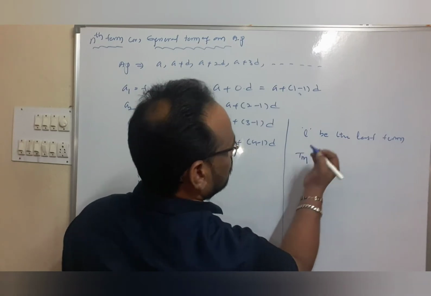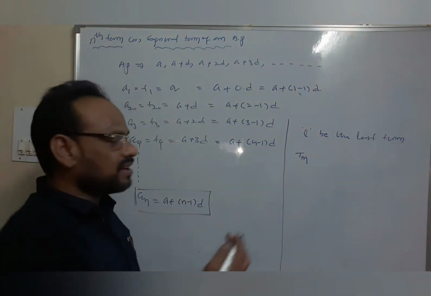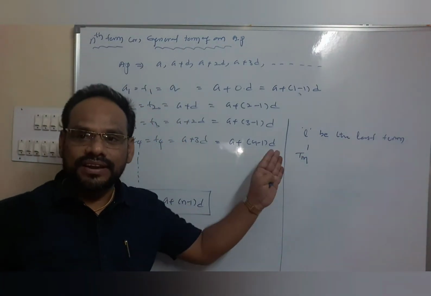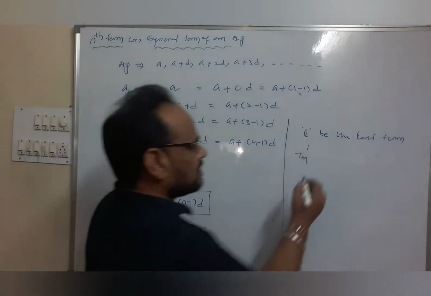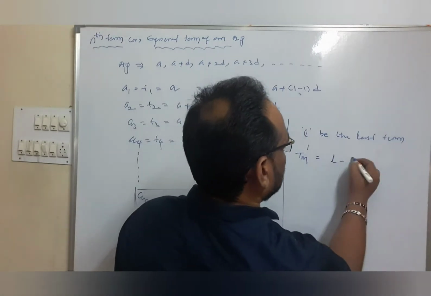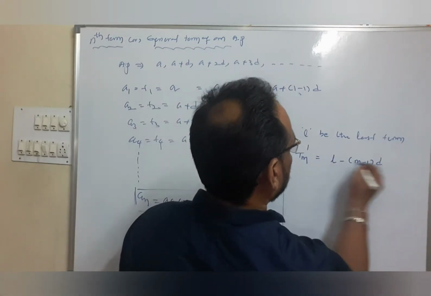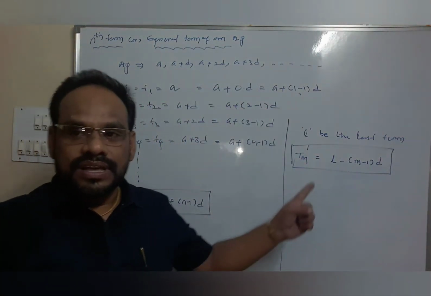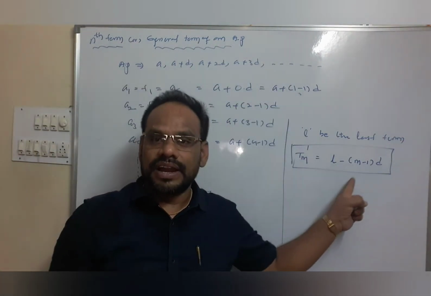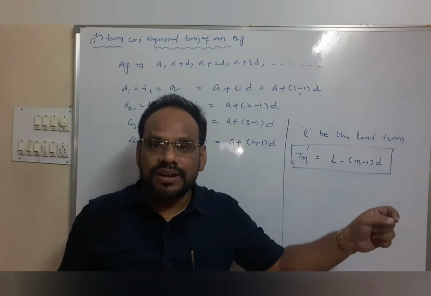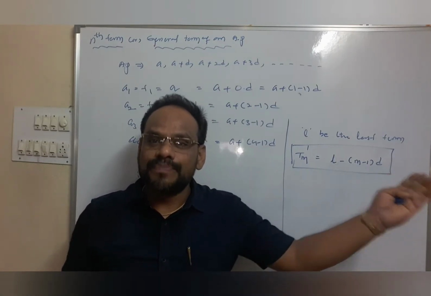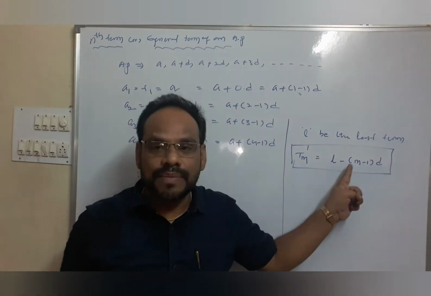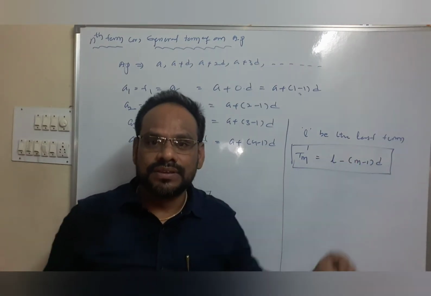The mth term from the end, Tm dash, is given by the formula L minus m minus 1 into D. If L and the common difference are given and we want the mth term from the end, then Tm dash is equal to L minus m minus 1 into D.